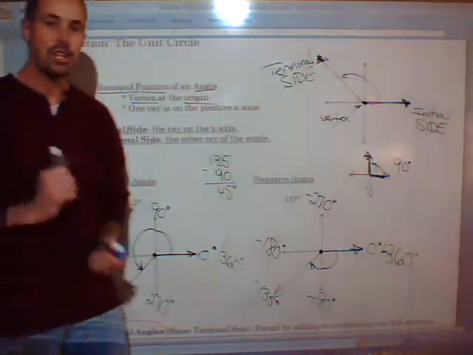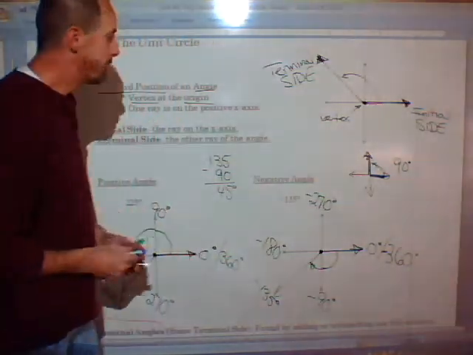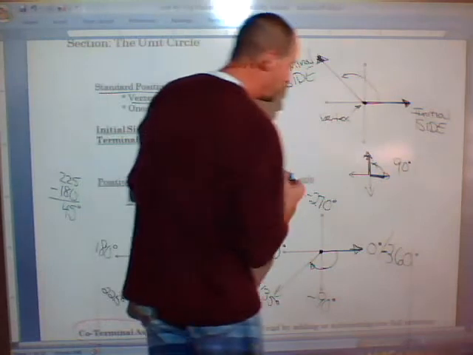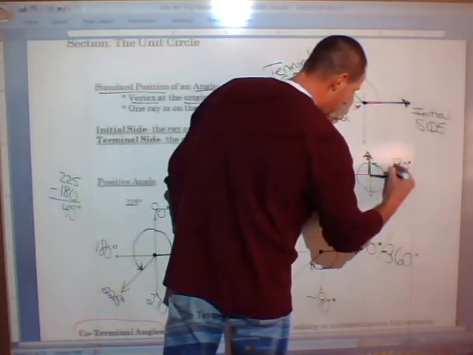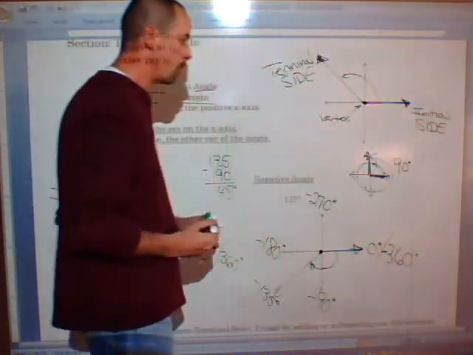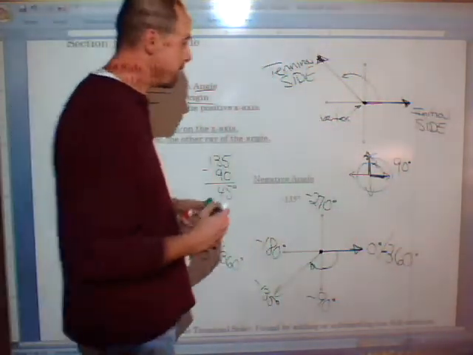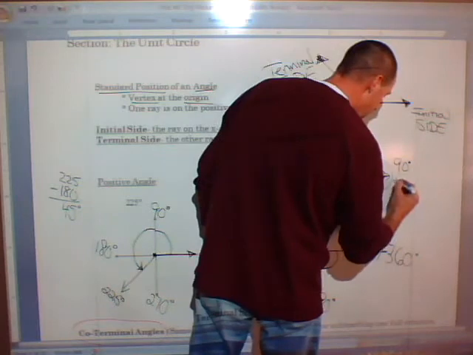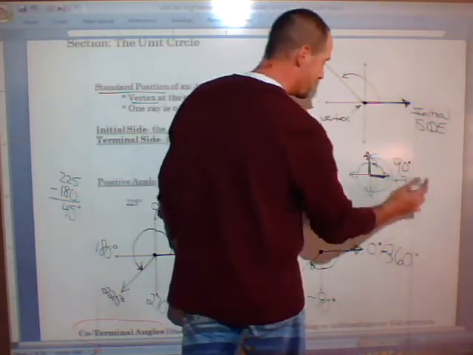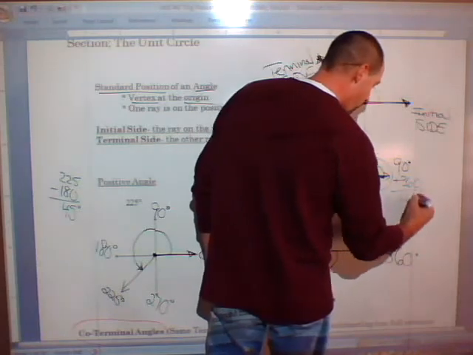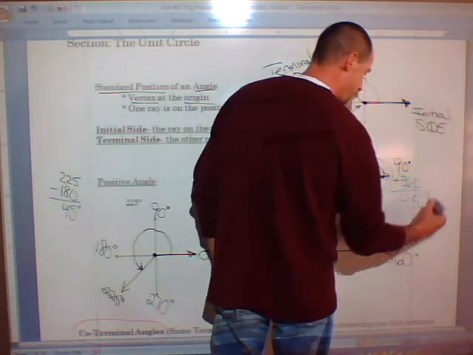But that's not the only angle that ends up in that same spot. What we could do is keep going around the circle another whole time. How many degrees would that be? It would be the 90 plus 360 degrees. If you add these together, you get 450 degrees.